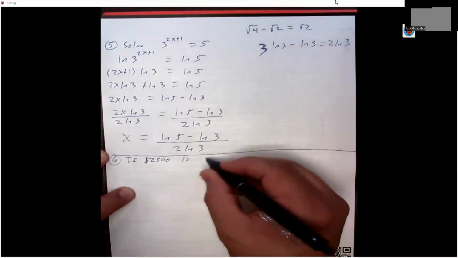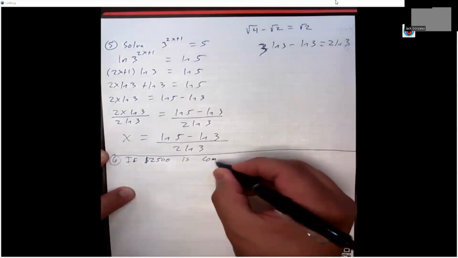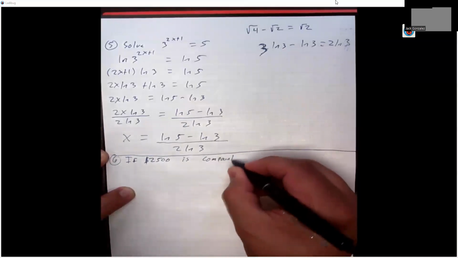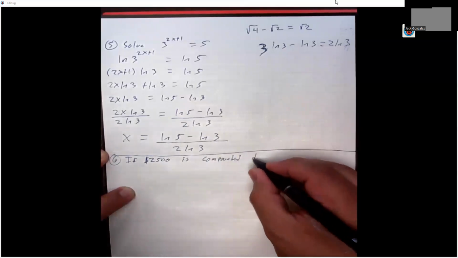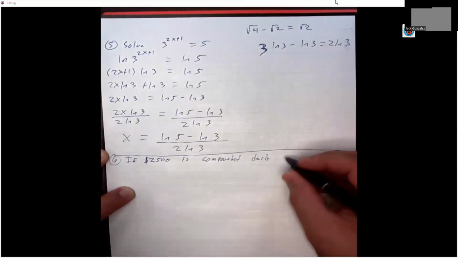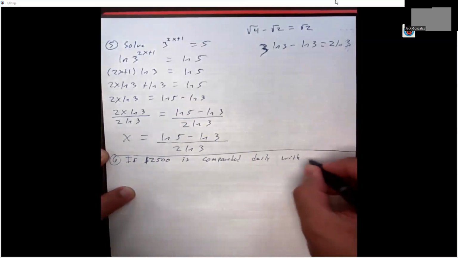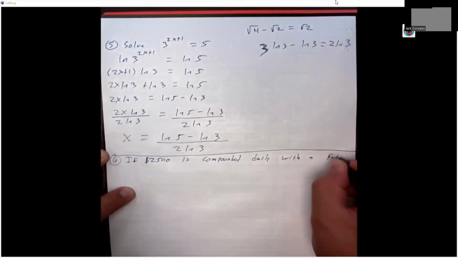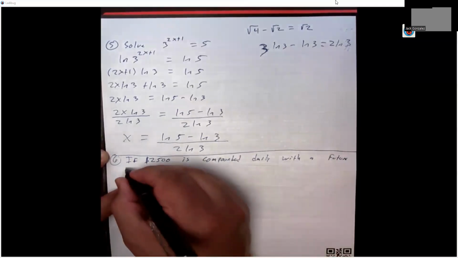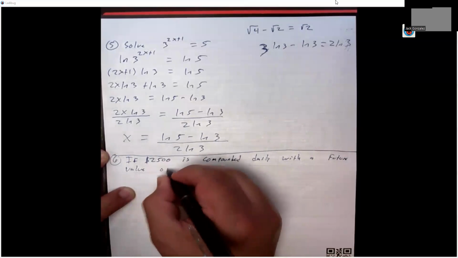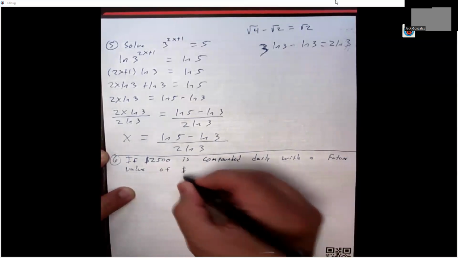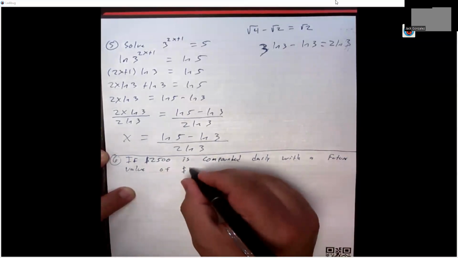If $2,500 is compounded daily with a future value of 2,500. Oh, this one was messed up. So let's say it's 3,000.